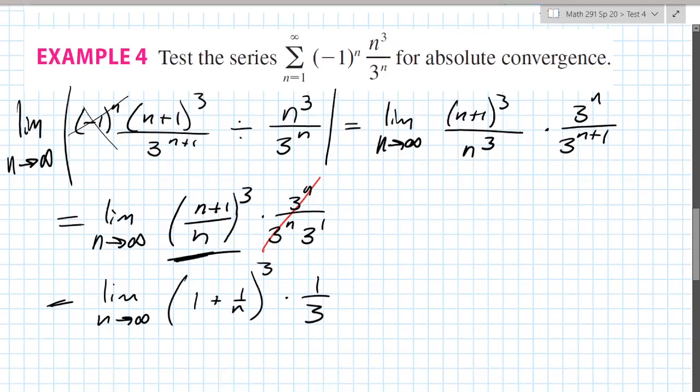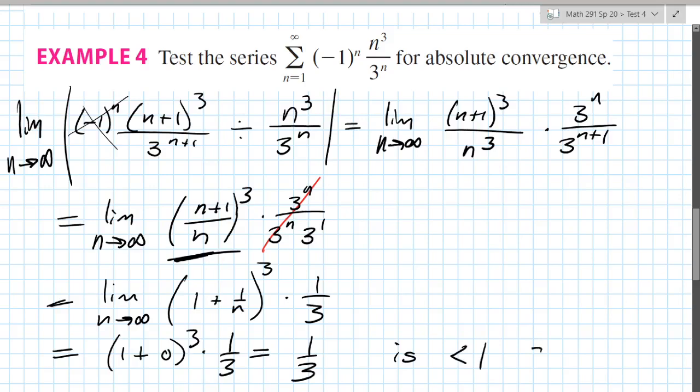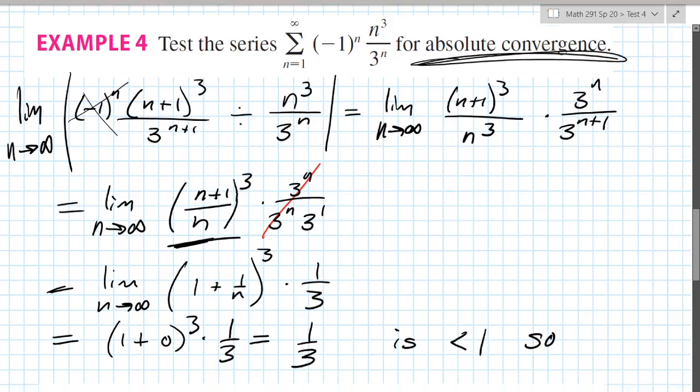So now, as we allow n to approach infinity, we have 1 plus 0 cubed times 1/3, which is 1/3. All right, well, 1/3 is smaller than 1, so our original series is absolutely convergent.